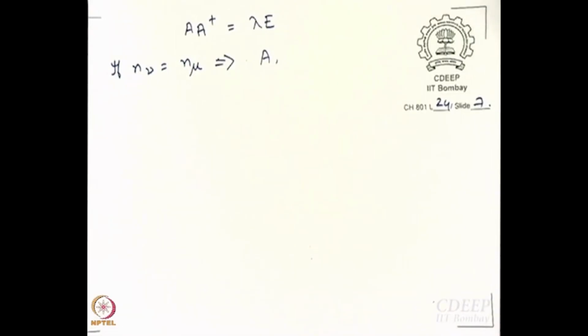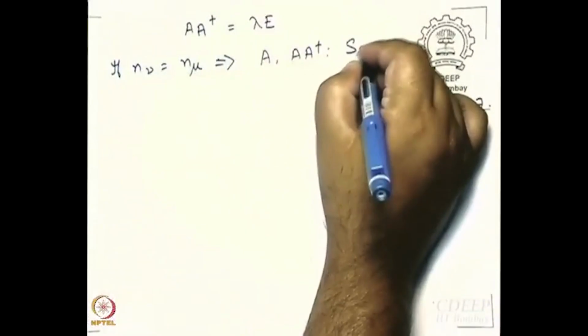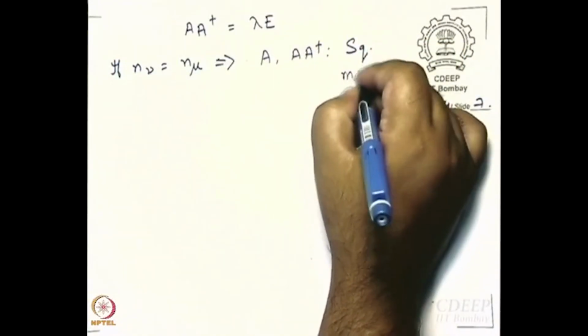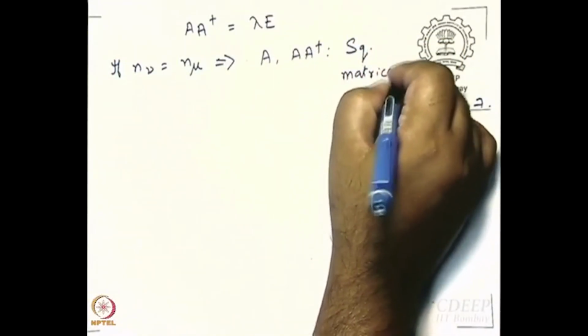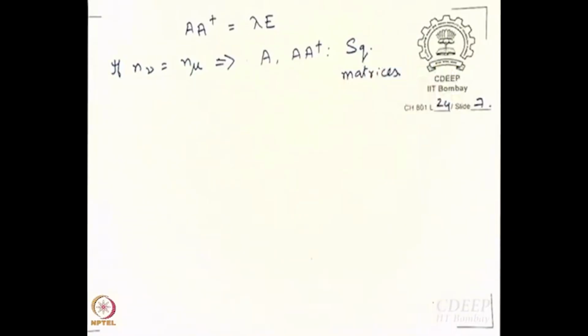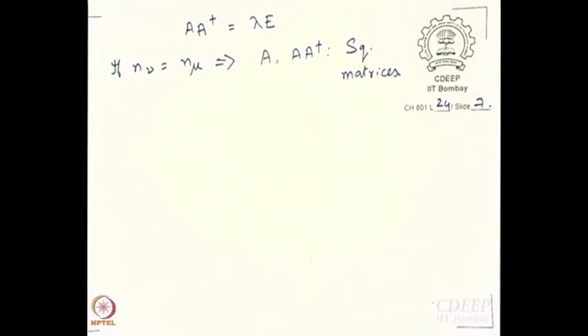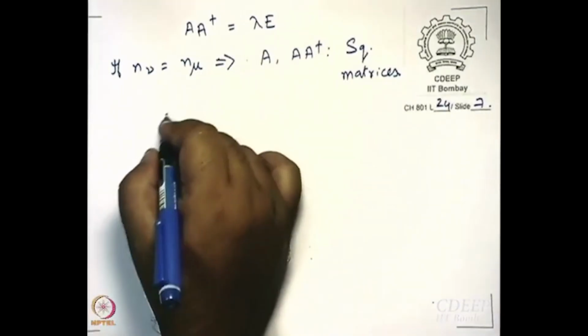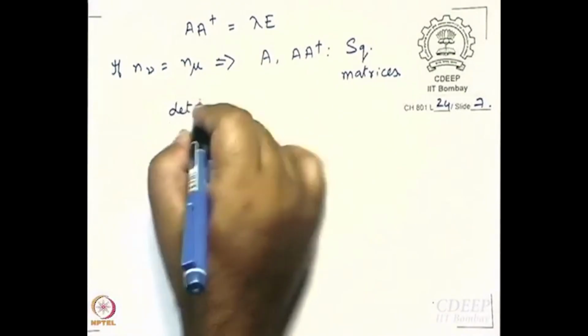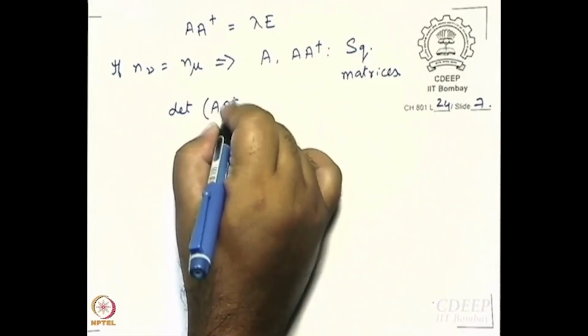So, 4-dimensional matrix, isn't it? That will also be a square matrix, right? So, both A and A dagger are square matrices. Okay? And we know already that A dagger equal to lambda E. So, what then is det A dagger?